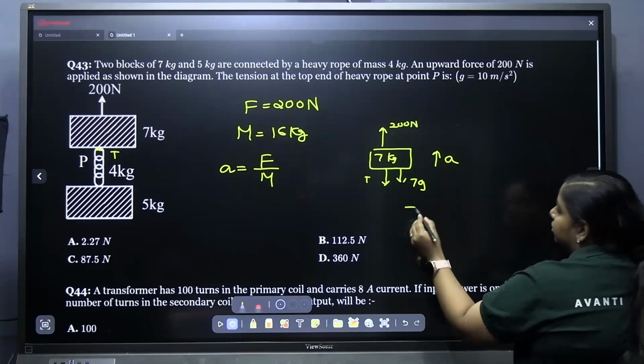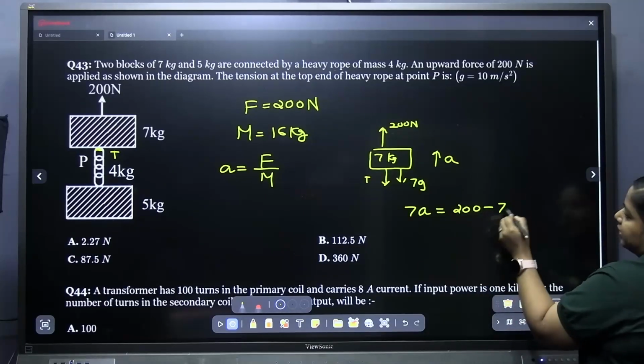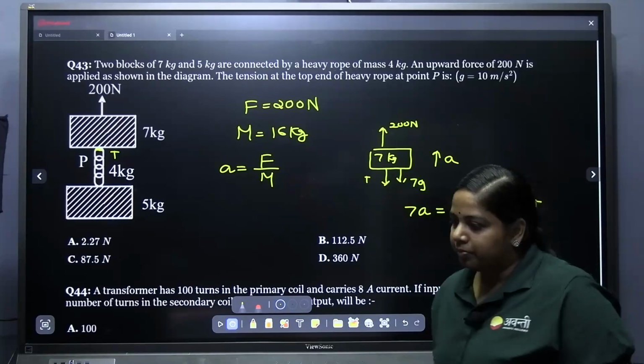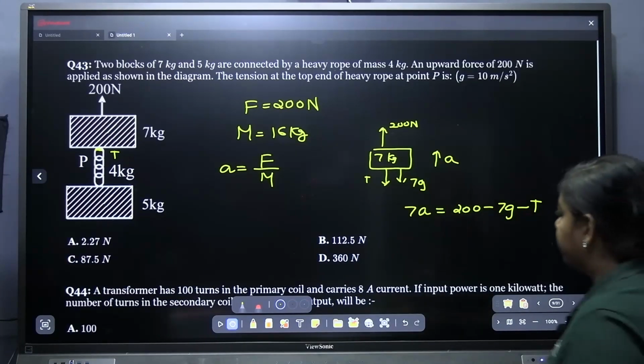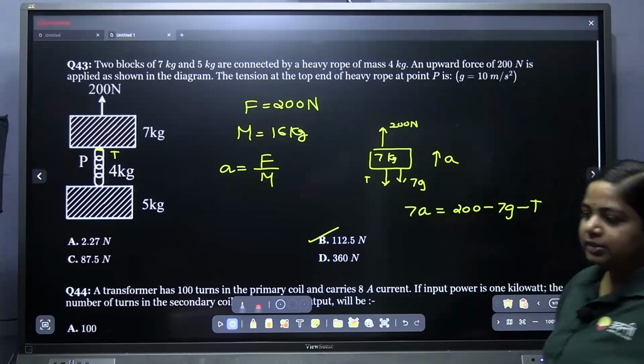Here you can substitute: 7a is equal to 200 minus 7g minus T. Solve for T. The answer is option B. I hope everybody understood this.